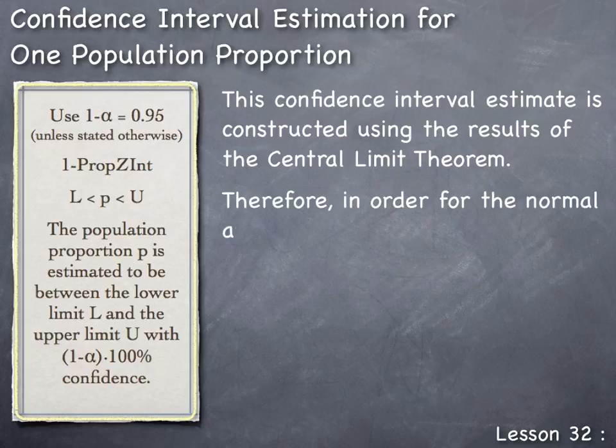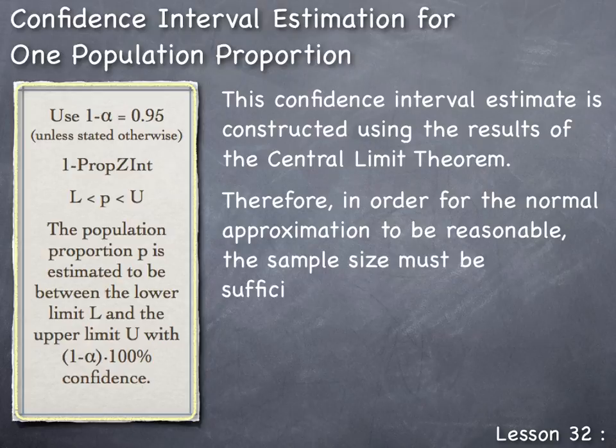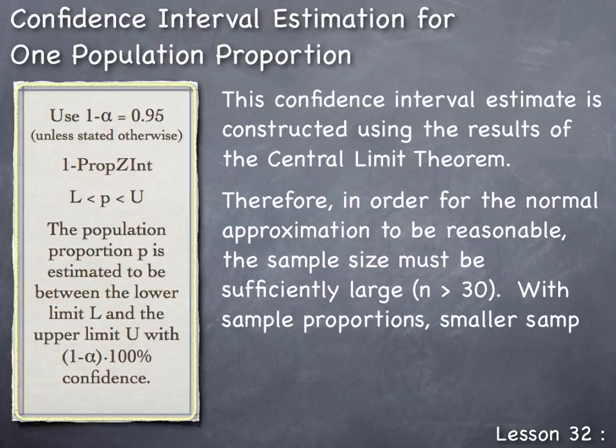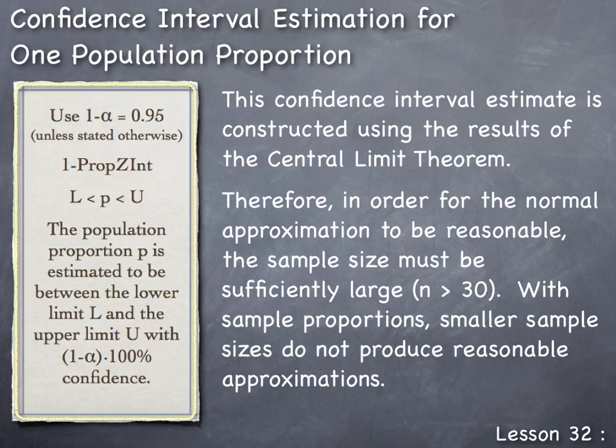Therefore, in order for the normal approximation to be reasonable, the sample size must be sufficiently large. It's generally accepted in statistics that sample sizes n greater than 30 is sufficiently large when it comes to the central limit theorem. Now, with sample proportions, smaller sample sizes do not produce reasonable approximations. So we will never construct confidence intervals for proportions when the sample sizes are not sufficiently large.